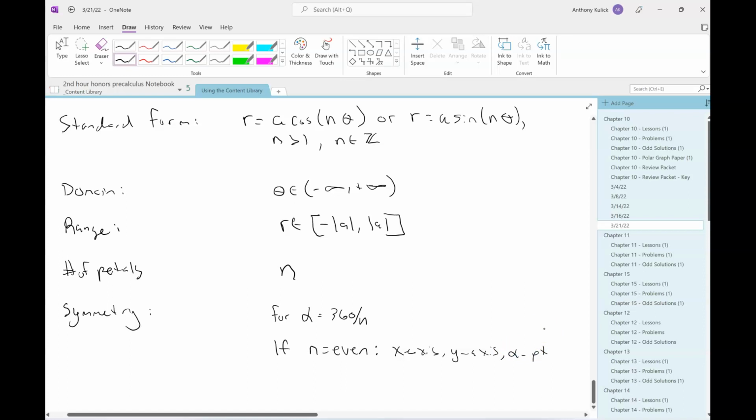So if n is even, then our curve's going to have x and y axis symmetry along with alpha point symmetry. If n is odd, like we saw before, and we are dealing with a cosine function, actually we did a sine function as our example.